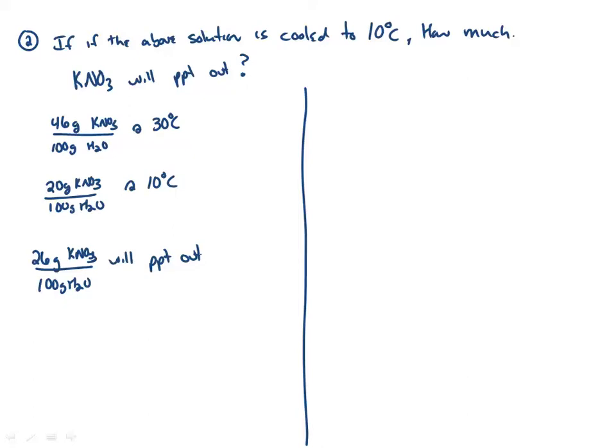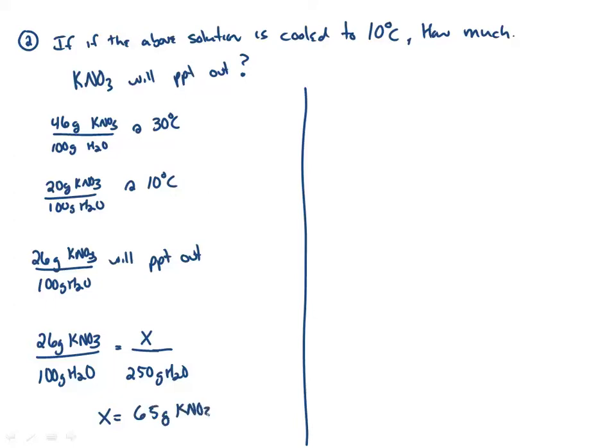We started with 250 milliliters of water. So we've got 26 grams of KNO3 that will precipitate out over 100 grams of H2O, but we have 250 grams of H2O, and so then we have X. Again, you solve for a ratio, and you'll get 65 grams of KNO3 will precipitate.